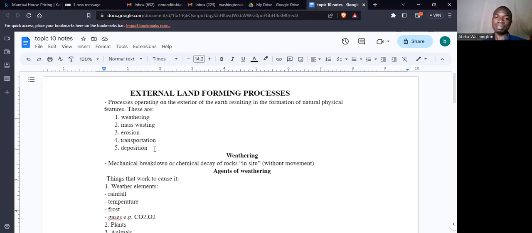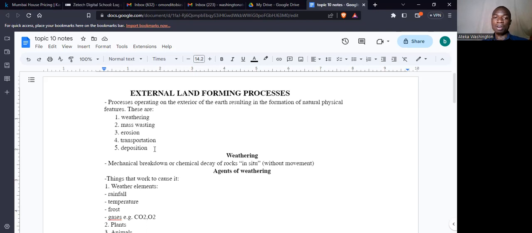Mass wasting, on the other hand, is the movement of rock materials, either fast or slow. We call them rapid or slow mass movement. Then we have erosion. This is basically the process in which soil and other light particles on the Earth's surface are washed away either by water or by wind.